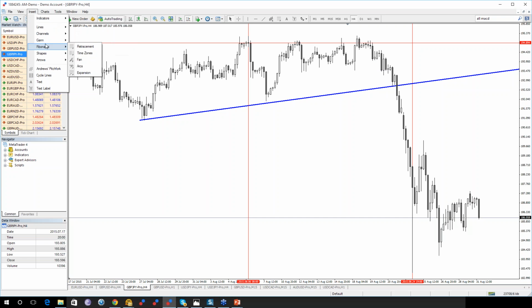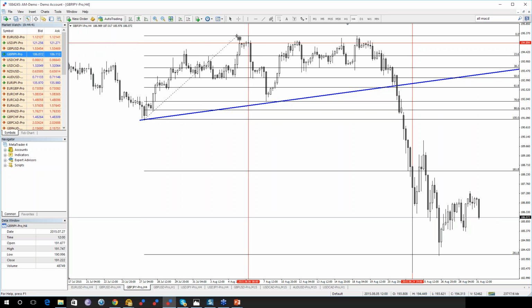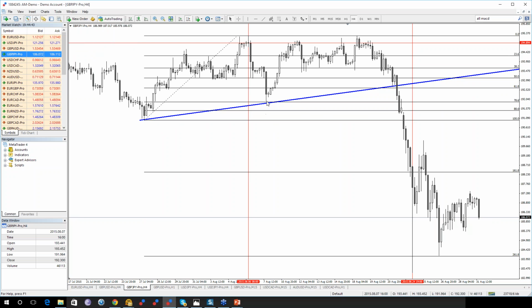Now, if we put Fibonacci here, 78.6 is in confluence with the trend line. Did I tell you, and I'm sure I did, many times how 78.6 is a great level, a great level.